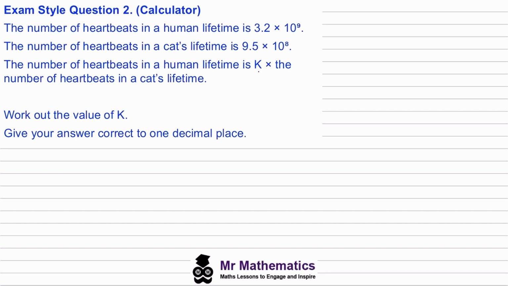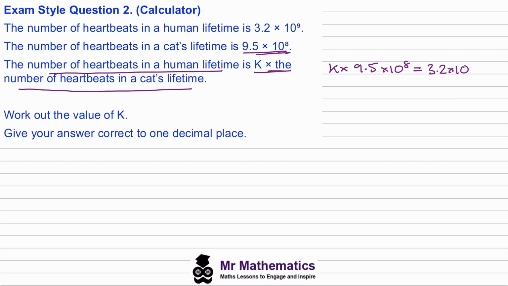So if we use what we're given, K times the number of heartbeats in a cat's lifetime, so K multiplied by 9.5 times 10 to the 8 is equal to the number of heartbeats in a human lifetime, 3.2 times 10 to the 9. That's this one here.